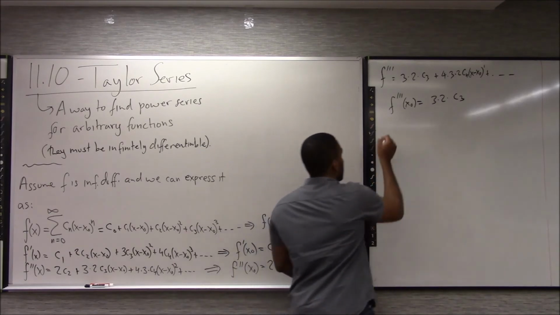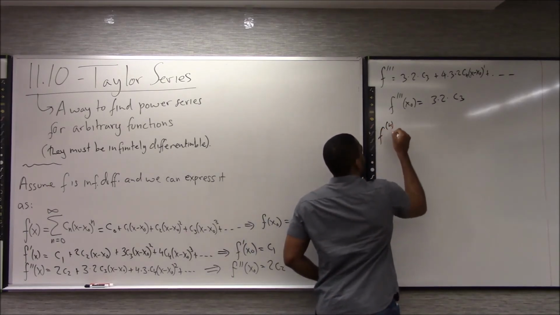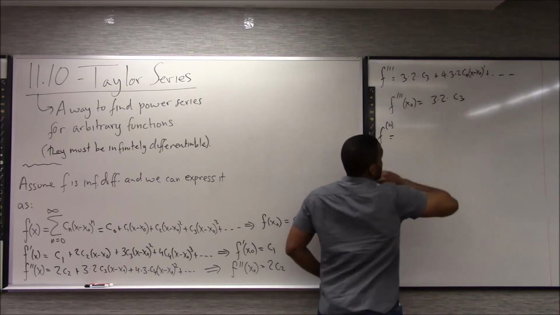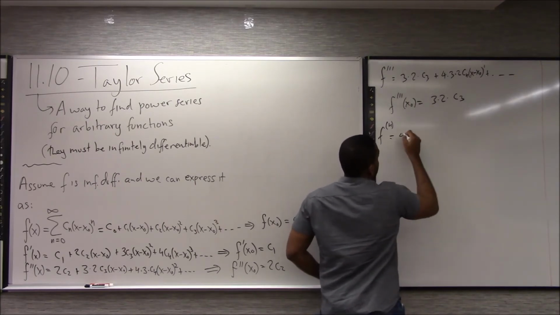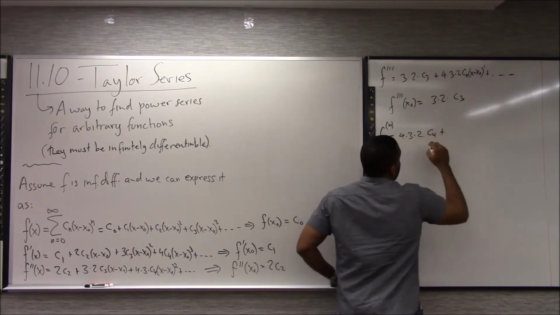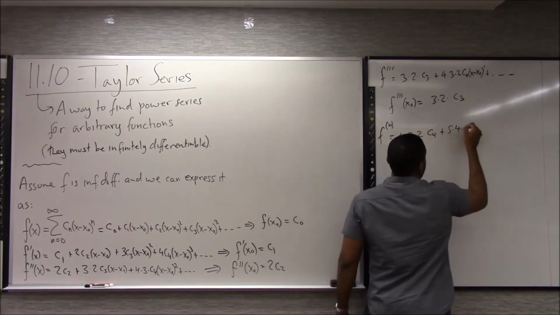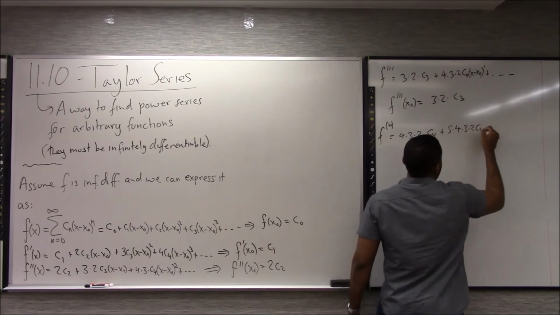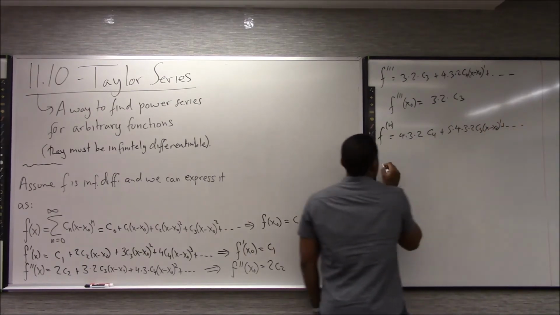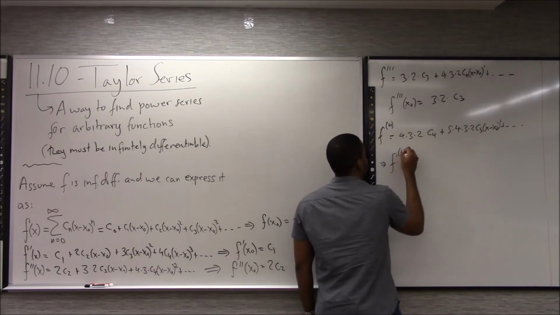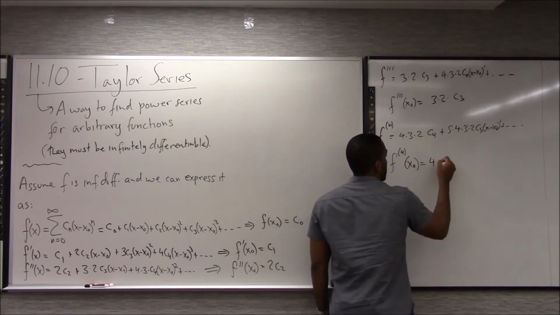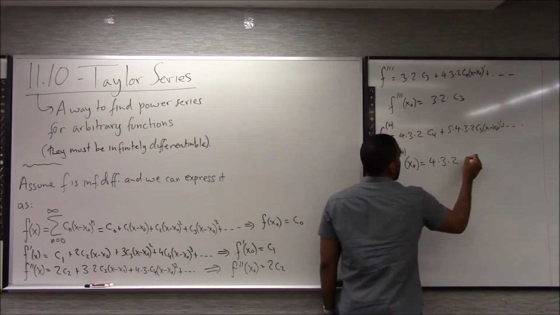Let's do one more. F to the fourth derivative. Let's make sure we can see a pattern here. This is just a constant, that's going to die. I'm going to have 4 times 3 times 2 c4 plus 5 times 4 times 3 times 2 c5 (x minus x naught) to the 1 plus and so on. So if I take the fourth derivative and evaluate that at x naught, I would get 4 times 3 times 2 c4.